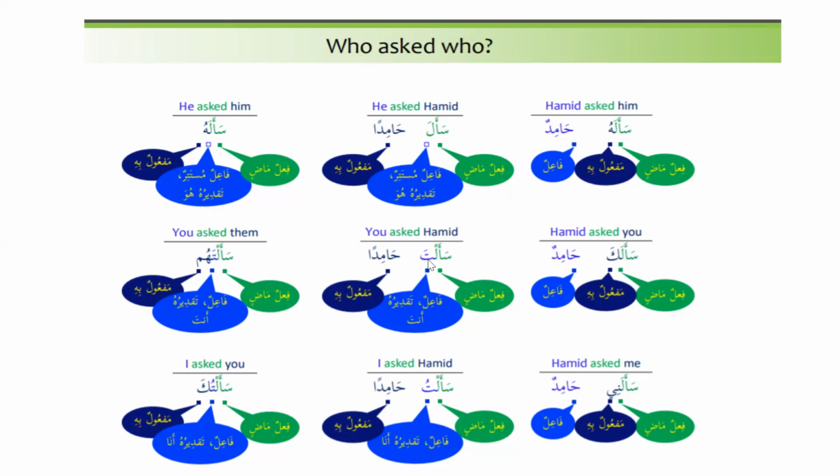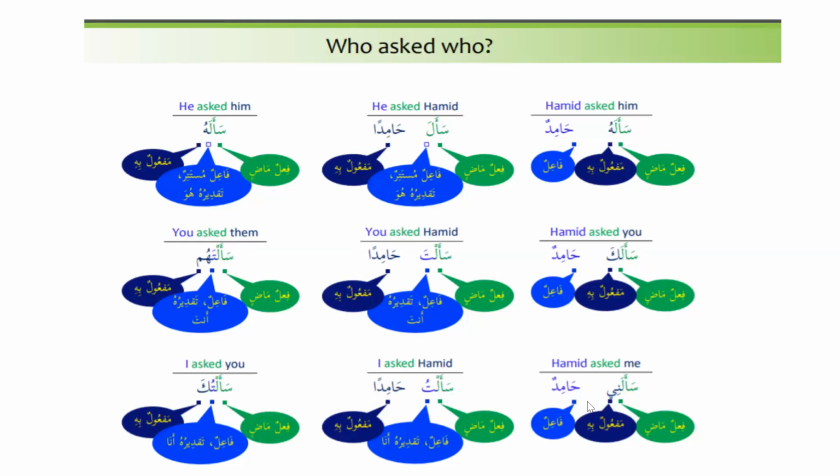Here we have the inside doer with past tense. Sa'alta. Sa'alta is you asked. And you asked whom? Hamidan. Maf'ul bihi. So this is the example of a regular ism as maf'ul bihi. Here we have an attached pronoun as maf'ul bihi, hum, with sa'alta. You asked them.